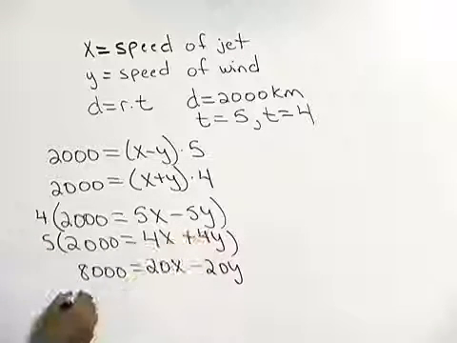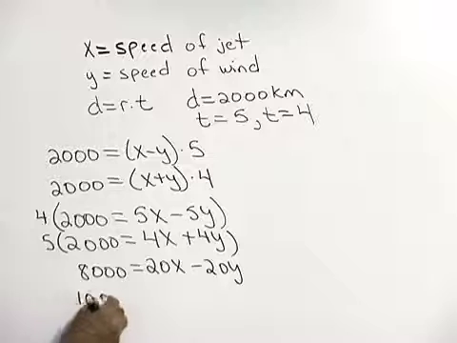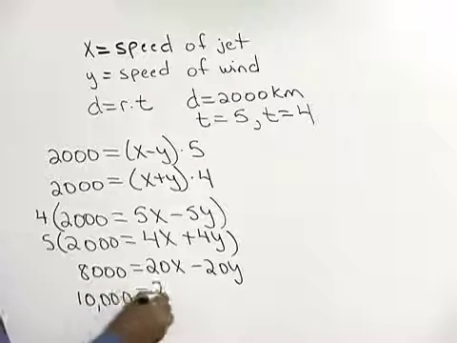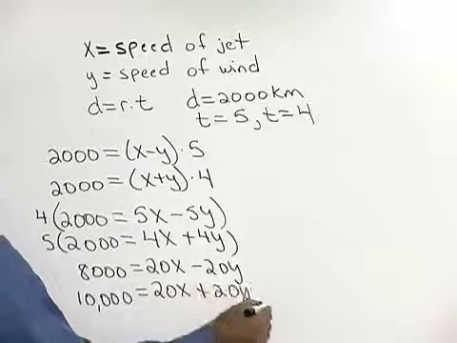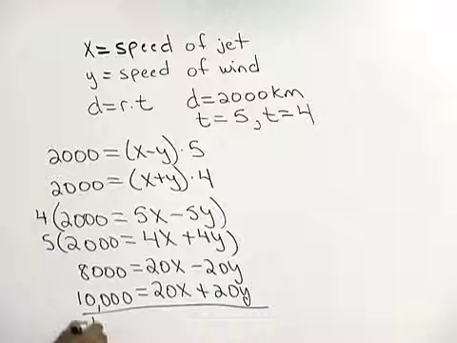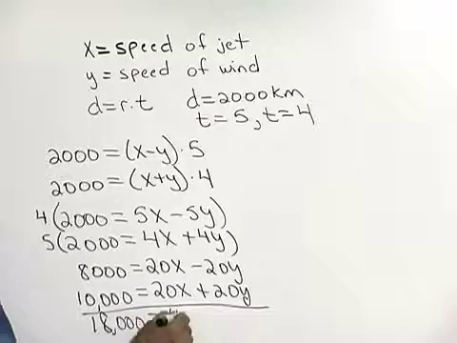Multiplying 5 through our second equation, we'll have 10,000 is equal to 20x plus 20y. So if we add, we have 18,000 is equal to 40x, and our y's drop out.